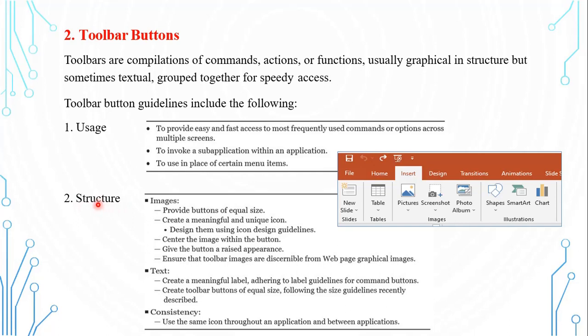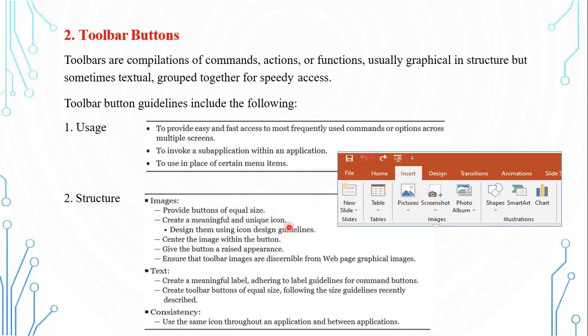And next we have structure, images, that is, how you are going to design this particular toolbar. Provide buttons of equal size; all the buttons should be of equal size.